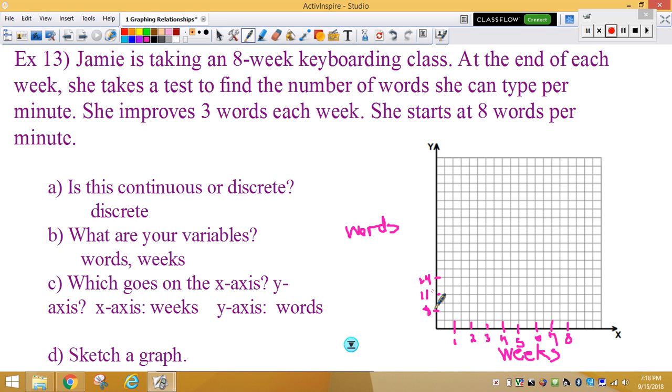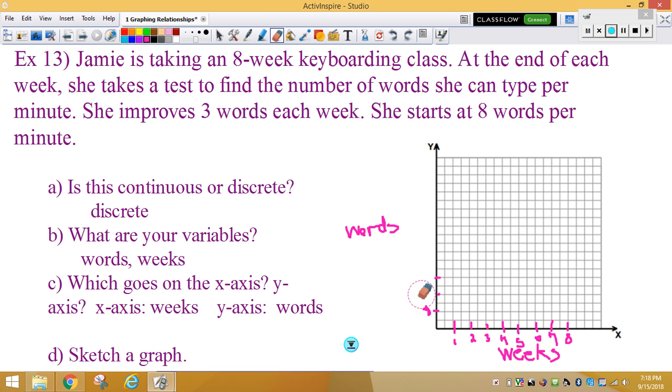I'll tell you why. Because this gap right here is telling me it's 3. This gap right here that you did to get from 0 to 8 is not 3. To get from 0 to 8, you went up 8. So to go up another 8, you should have your next one at 16, which doesn't really make sense for our problem. So I'm not going to start at 8, okay?